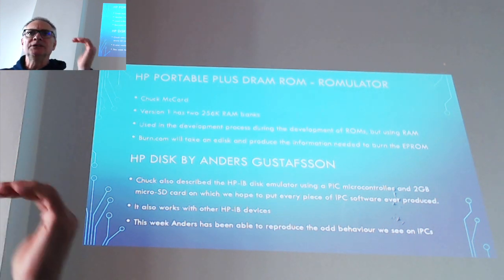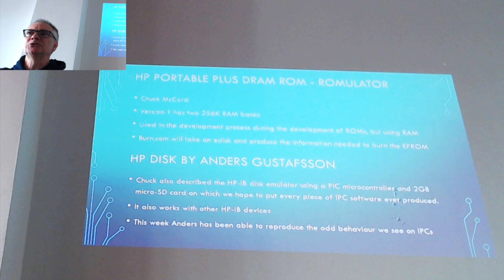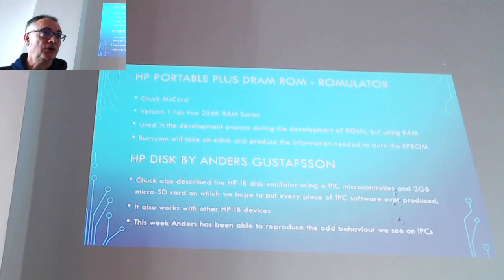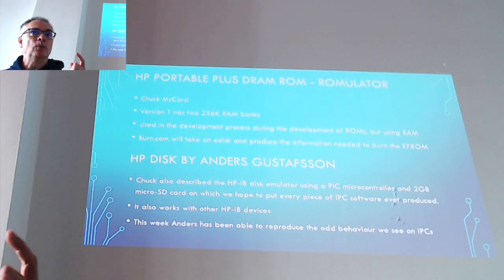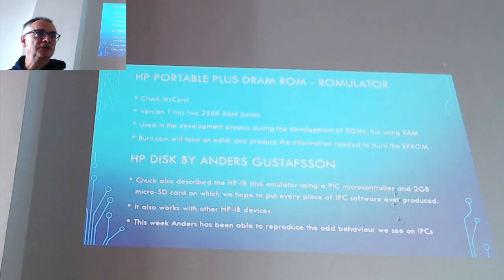So you know the Integral is the one that looks like a sewing machine with the electroluminescent display and that sort of thing. The hilarious thing is that I've got one of these, and it doesn't just work with the Integral, it works with all devices as well. So you can plug it into an HPIB measurement device, and where it would have looked for a disk and written the measurements to the disk, it will work.